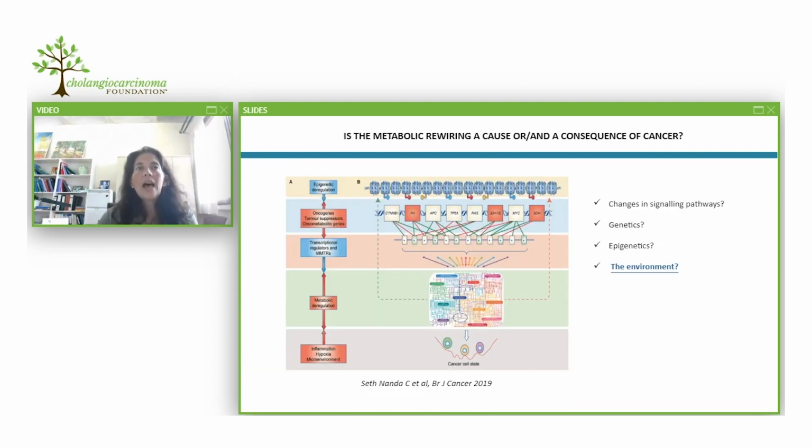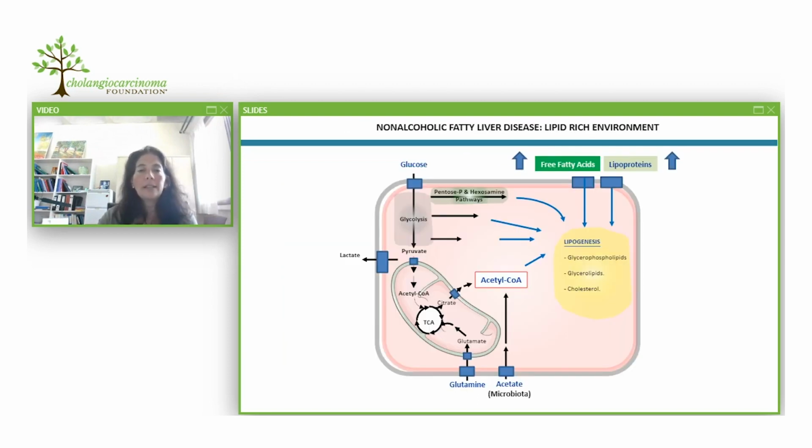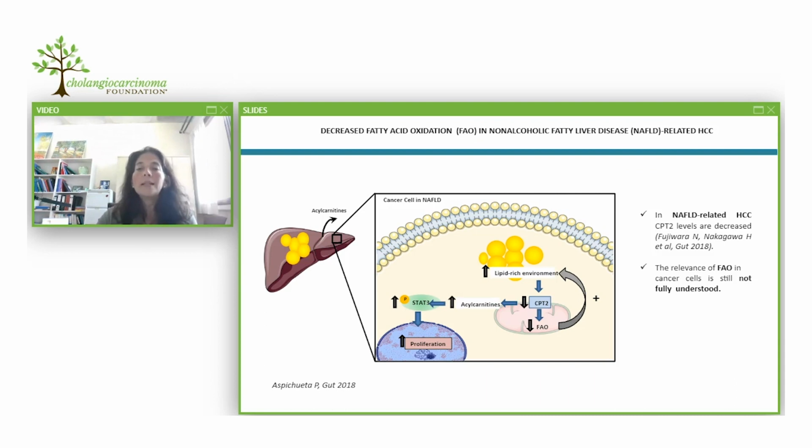The next question is, how is the environment changing the metabolic rewiring or the reprogramming of metabolism? We know that in non-alcoholic fatty liver disease, there is a really lipid-rich environment. Free fatty acids and lipoprotein levels are increased. And we also know that in NAFLD-related HCC, there is a downregulation of CPT2 and as a consequence, a decreased fatty acid oxidation rate.